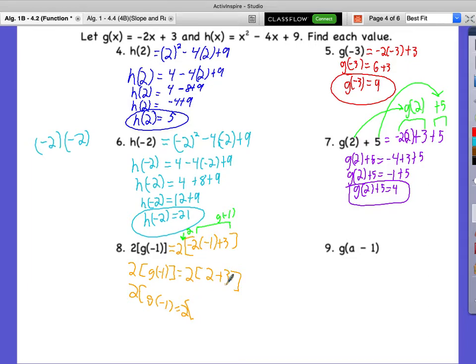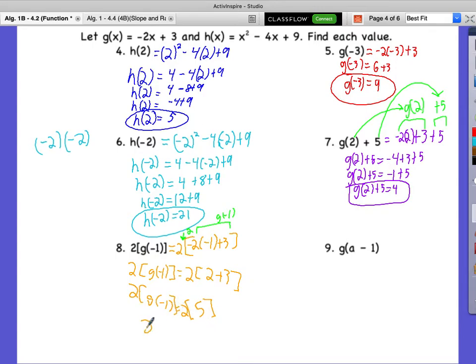What's 2 plus 3? I got 7. Here's the thing: look here. Do you have more stuff inside this grouping symbol to do? Yeah. What's 2 plus 3? 5. So what's 2 times 5?